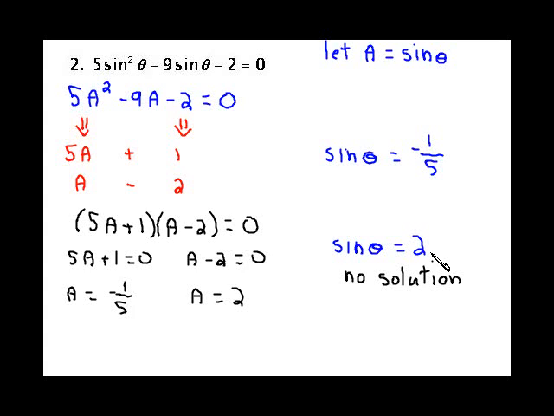I will bring up a new screen and look at the next one, but sine theta equal to negative 1/5 is the only ratio that's going to produce an answer. Sine theta equal to negative 1/5.